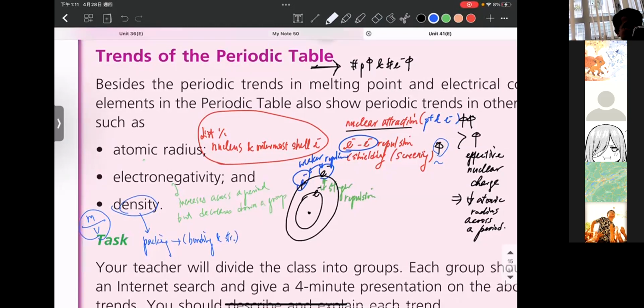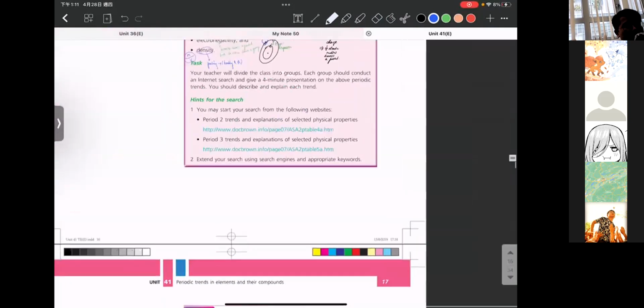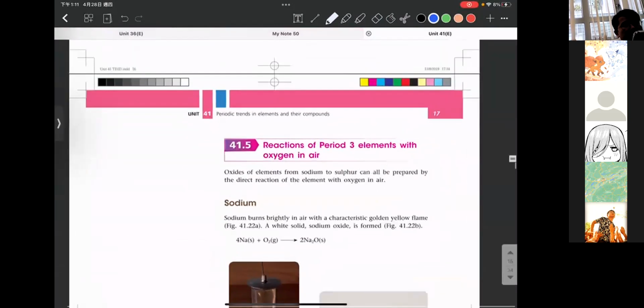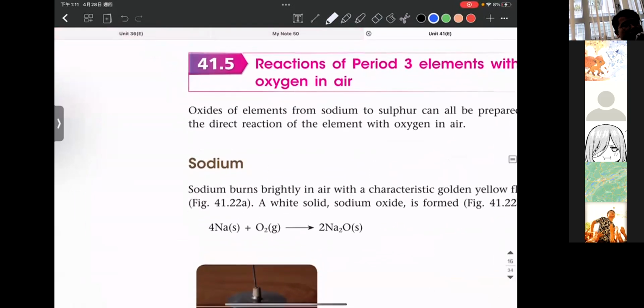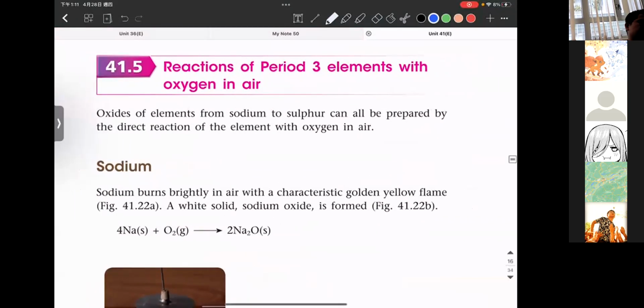But in the DSC syllabus, on the formation of oxide. So for the following equations, you may see they all talk about the formation of oxide.